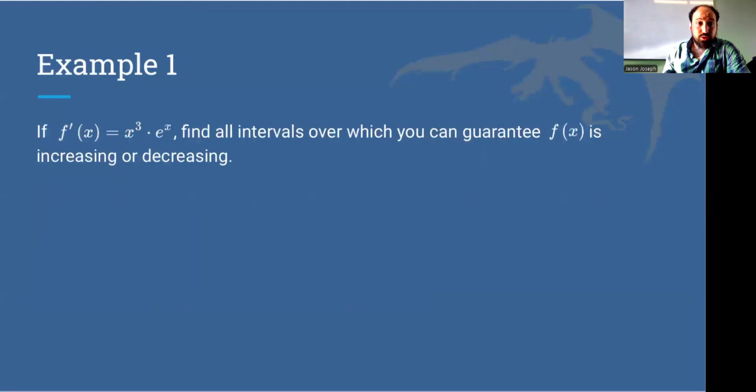Okay, and here's an example. So they tell us what the derivative of f is and say, find all intervals over which you can guarantee f of x is increasing or decreasing.